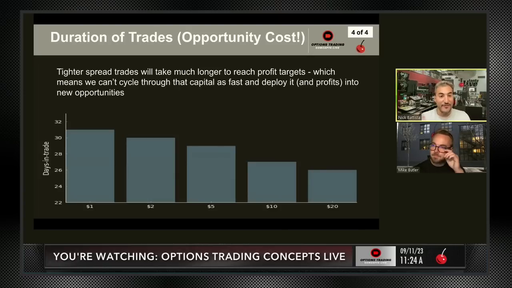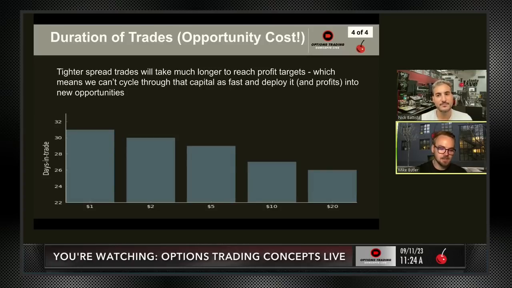If you're getting 5 days less and you're doing that 10 times, that's another round of occurrences. So you have to keep in mind that with these tighter spreads versus wider spreads, you're going to have relatively the same metrics for max profit and max loss, but you're going to be in those $1 wide trades much, much longer, and not be able to cycle through that position as many times.